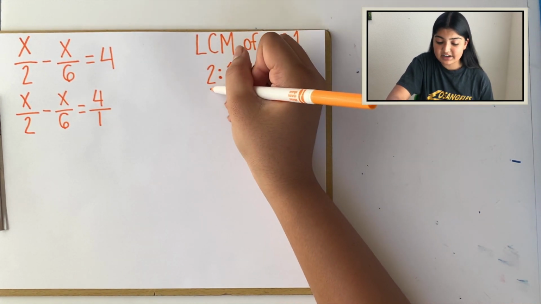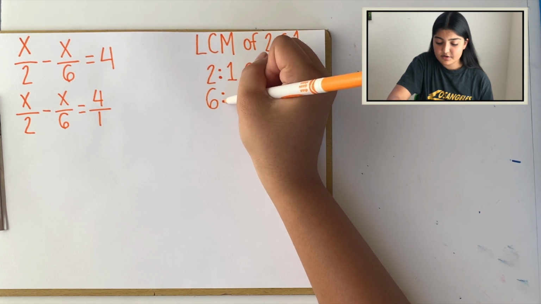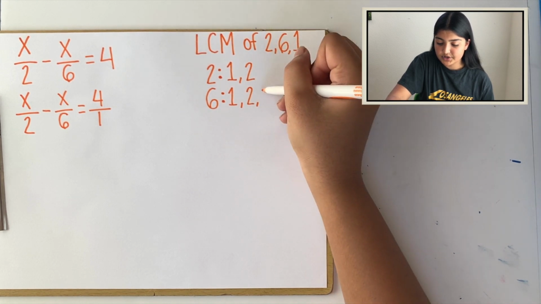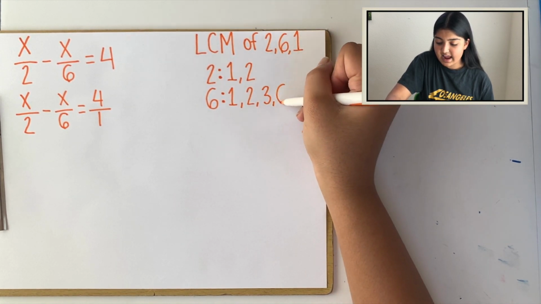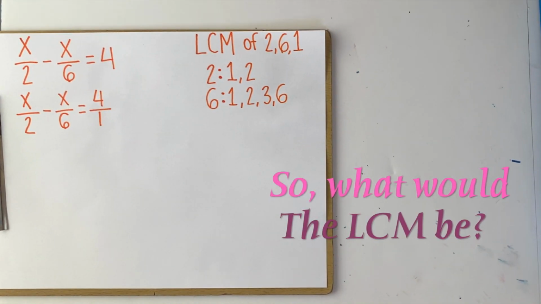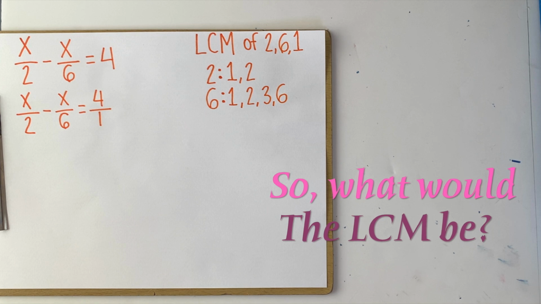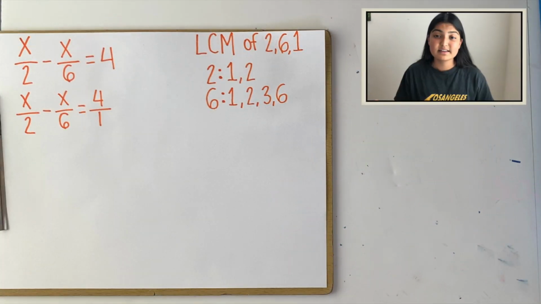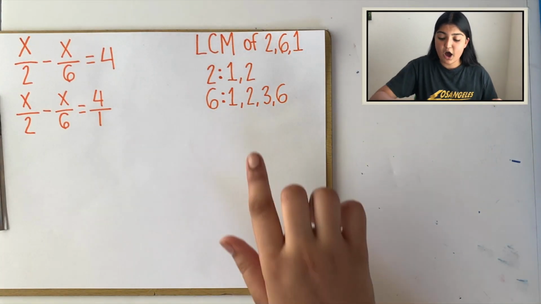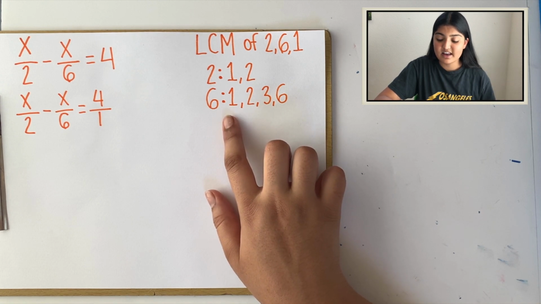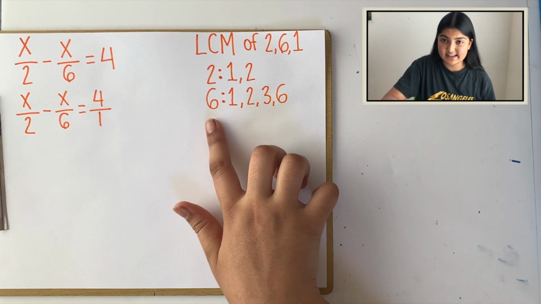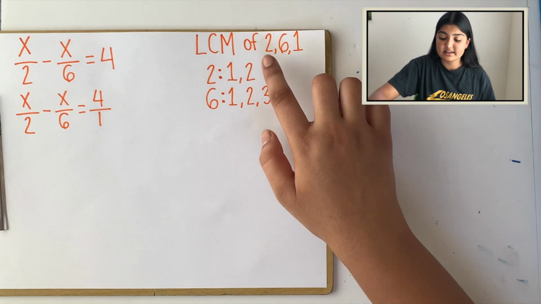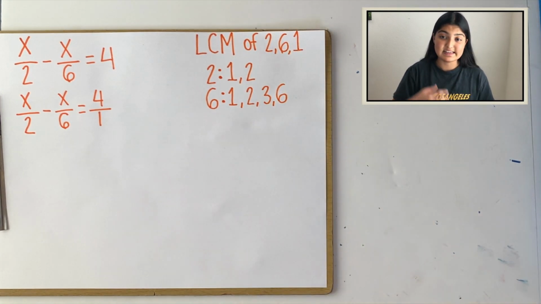Next, the factors of 6 are 1, 2, 3, and 6. Now notice how 2 and 1 are both factors of 6. So, the least common multiple of these 3 numbers is 6.